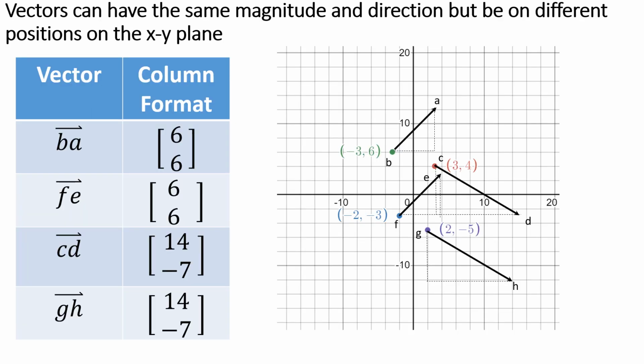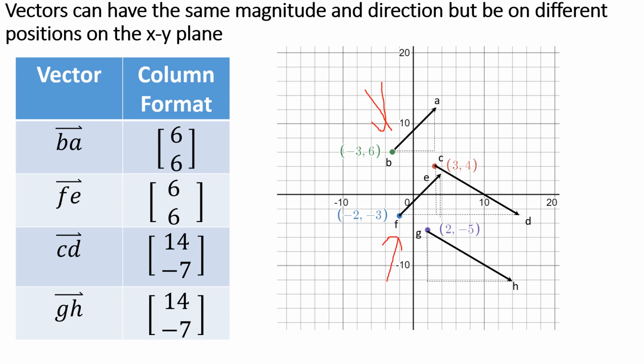Now, what I also notice here is they can have the same magnitude, which is basically the same distance, same length, and the same direction, but on different positions on the xy plane. I've got vector AB right here, and then I've got vector FE right here.